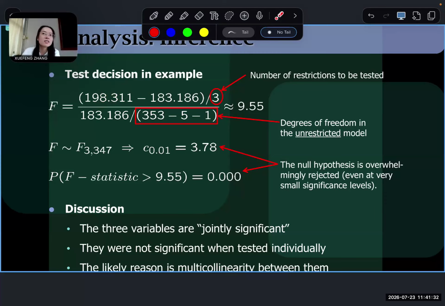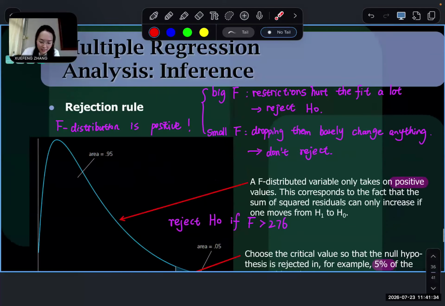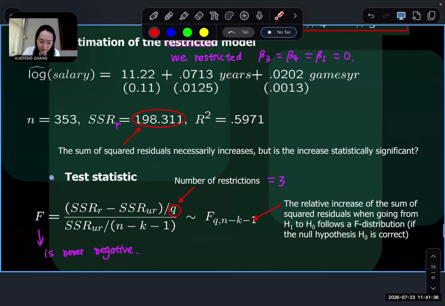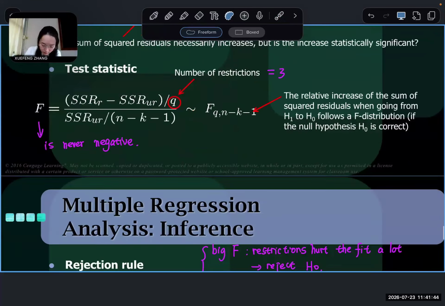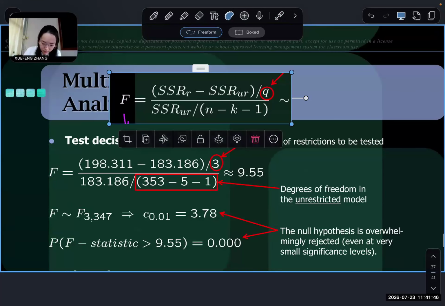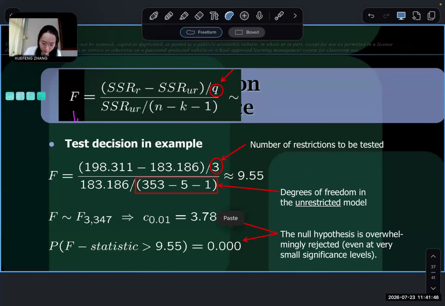SSR restricted. Let me go back. You see? This one, SSR restricted. Let me copy this formula. Okay, so you just plug in numbers. And I told you, 3 restrictions. That's why here is 3.